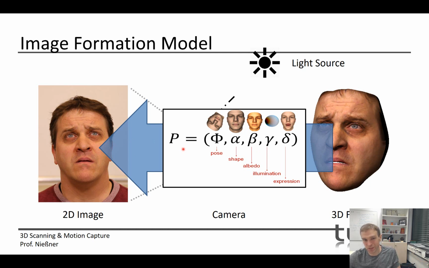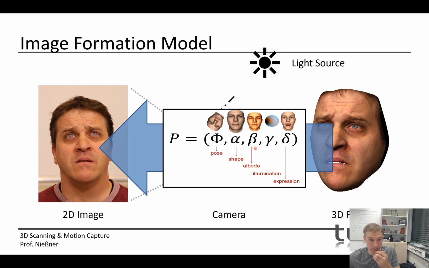There's a bunch of stuff in between that has to happen, right? So first of all, we have to apply the pose. Okay, so we have a mesh, right? We have the pose. Well, sorry, it's the other way around. First of all, we have our blend shape basis, we have our morphable model basis, we have our alphas, betas, and so on.